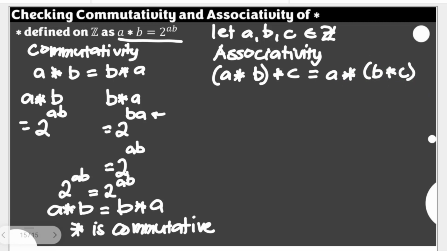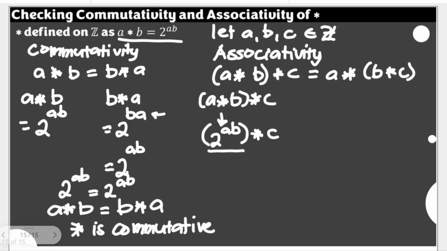But if we cannot, then that means this is not associative. Let's start with the left hand side. a star b is already given: 2 to the power of ab. This will now be treated as one element, as it will still be subjected to another star operation against another element, c. Take note, this would be treated as one.